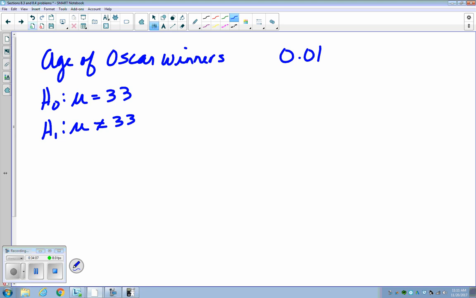And we know we're going to use a t-test, correct? So from your formula here, we know that t is equal to x bar minus mu, all divided by the sample standard deviation divided by the square root of n.